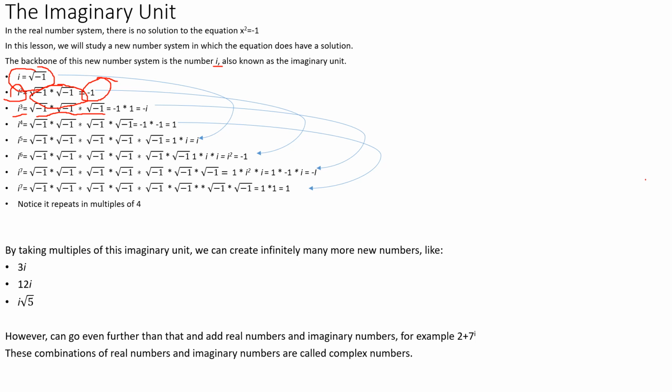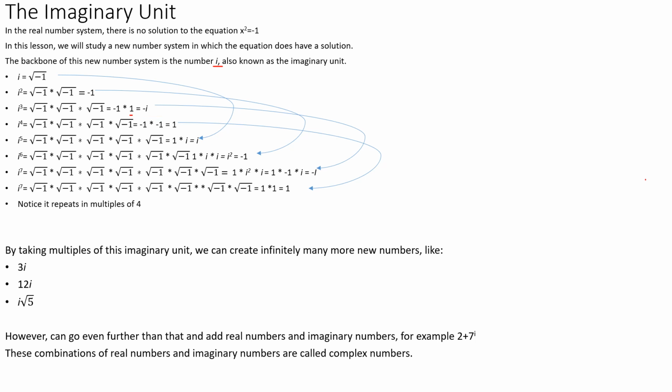We've already determined the square root of -1 times the square root of -1 is -1. So that would be -1 times the square root of -1, and that would simply be -i. The square root of -1 is i. Let me erase this again so we can keep building from here.